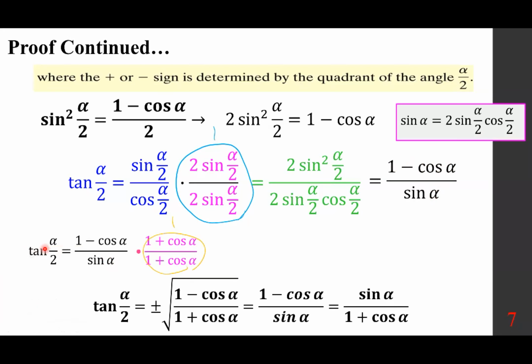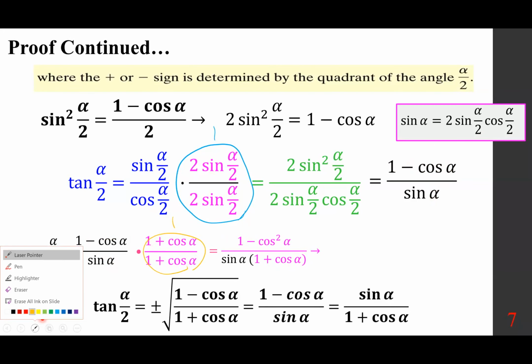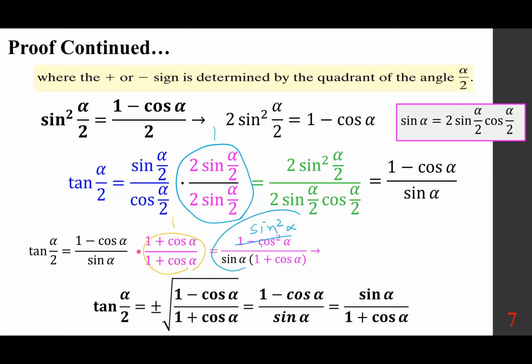And the top becomes 1 minus cosine squared. The bottom is what it is, okay? And so 1 minus cosine squared, I can replace it with sine squared alpha. These two cancel each other. The bottom goes away and the numerator changes to sine of alpha.